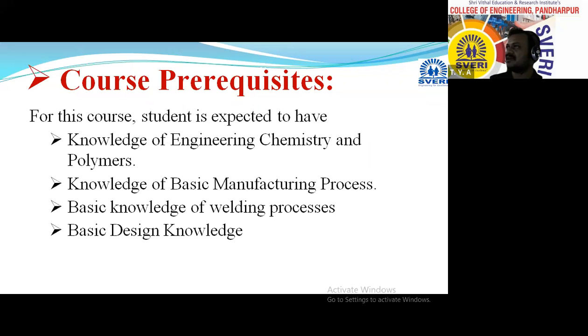You have studied the manufacturing processes, and in that you have studied different casting processes. Then different forming processes, extrusion processes you have studied. Then different welding processes knowledge is also there. That EMP subject only, manufacturing processes. And then the basic design knowledge is also required.